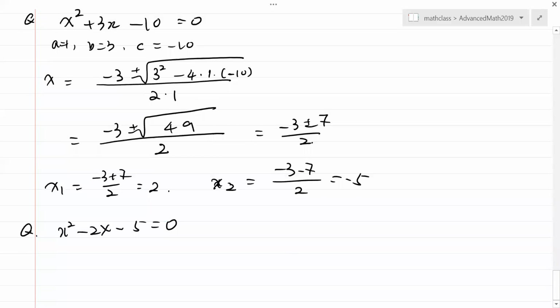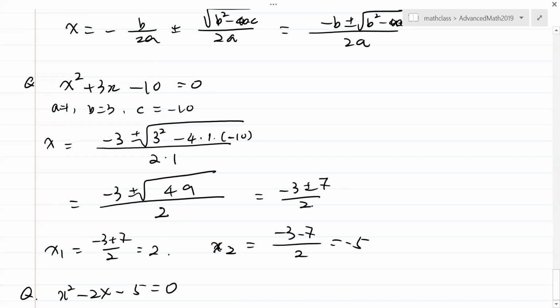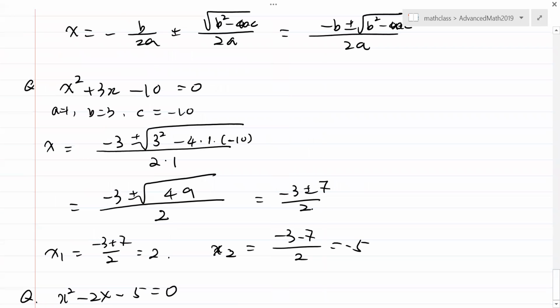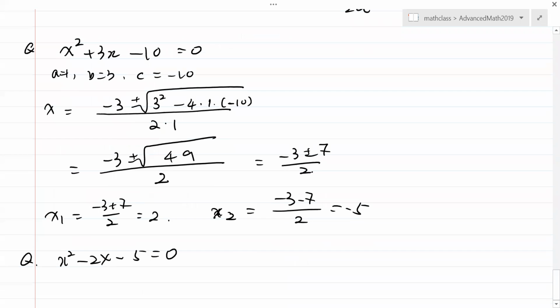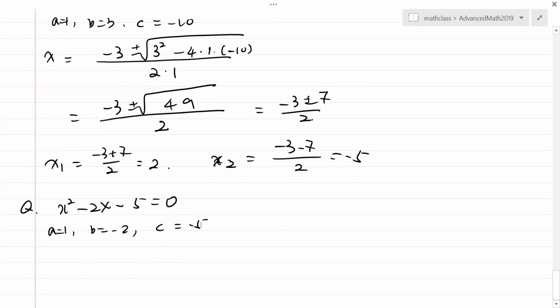Use the quadratic formula to find the solution. Okay, do you remember the quadratic formula? It's negative b plus minus the square root of b squared minus 4ac, divided by 2a. Okay, so a is going to be 1, b is going to be negative 2, c is going to be negative 5, right? So please use the formula to find it.